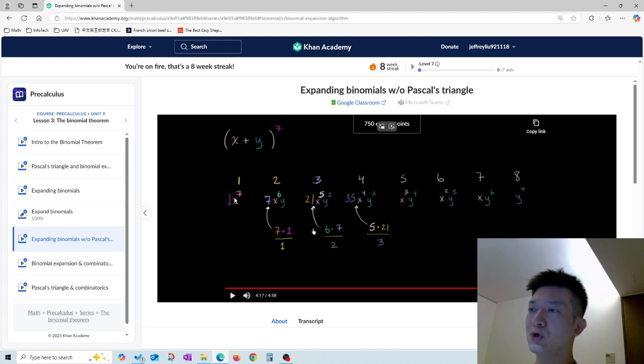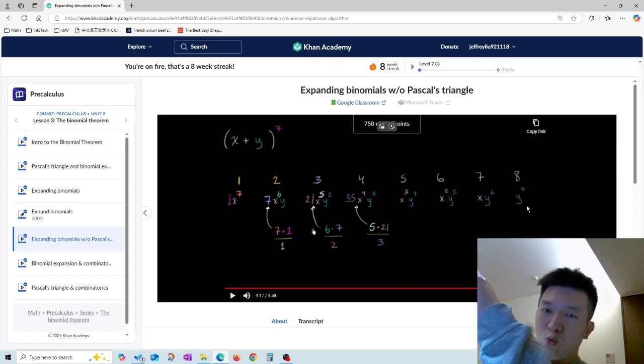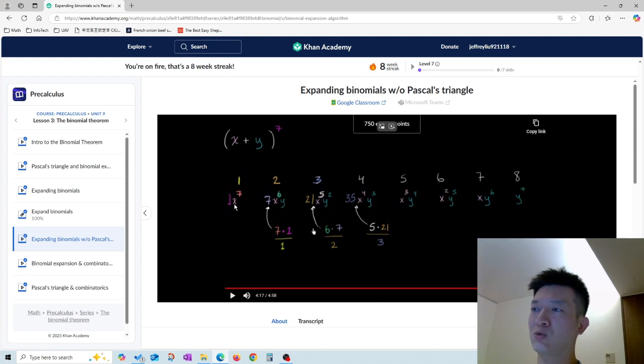So the thing is, you use the 1, right? You can see the color coding here. You use the 1 because in our Pascal triangle, on the two sides, you will have just 1. So that's why you have a 1 here for your first term.